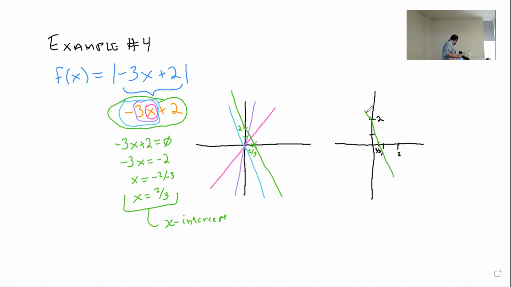It'll be a line that crosses those 2 points.